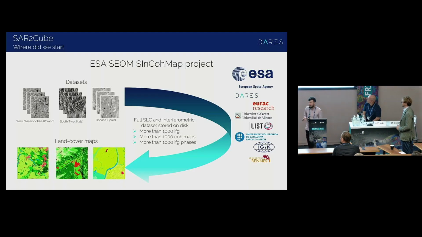But to do that, we had to store on disk more than 1,000 interferograms, coherence maps, differential phases, and also different kinds of multi-look with different windows. So we started to think, back in 2017, about a way to save space on disk.